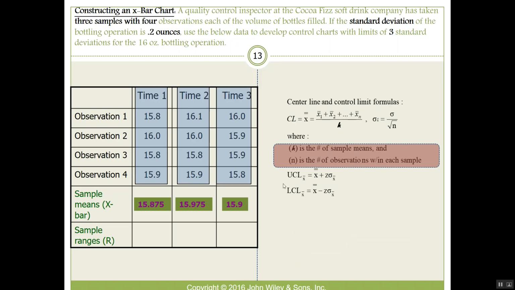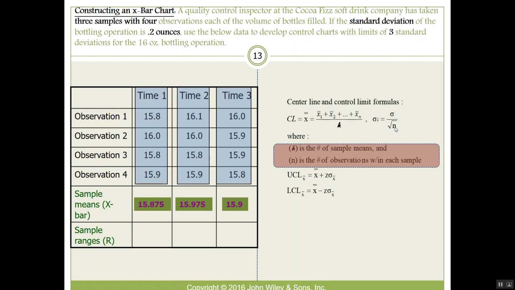If you go to the previous slide, somewhere it was mentioned that with limits of 3 standard deviations, so the number of standard deviations is z, which is 3 in this example, and then the value of standard deviation of the operation is 0.2 ounces. So this is sigma. 0.2 is what you need to consider as sigma, and then you have the square root of n.